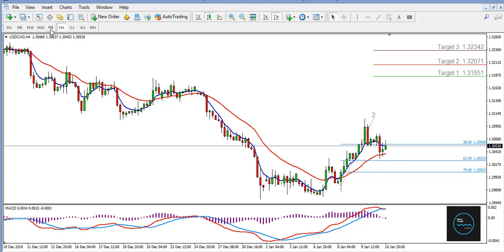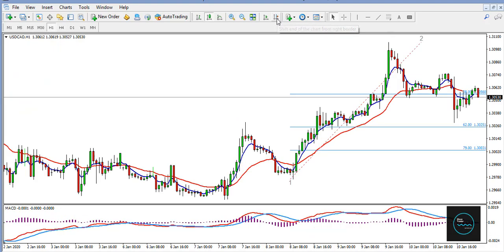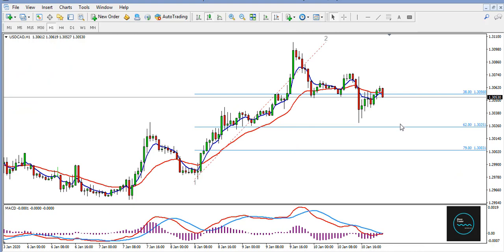So for the USD CAD, you can wait on the 1-hour chart. All right, you wait conclusively here to get a definite signal to go long in the short term. In the short term, not in the long term. Remember that the other currency pairs like the euro and the Aussie and the GBP, they all have upward potential.